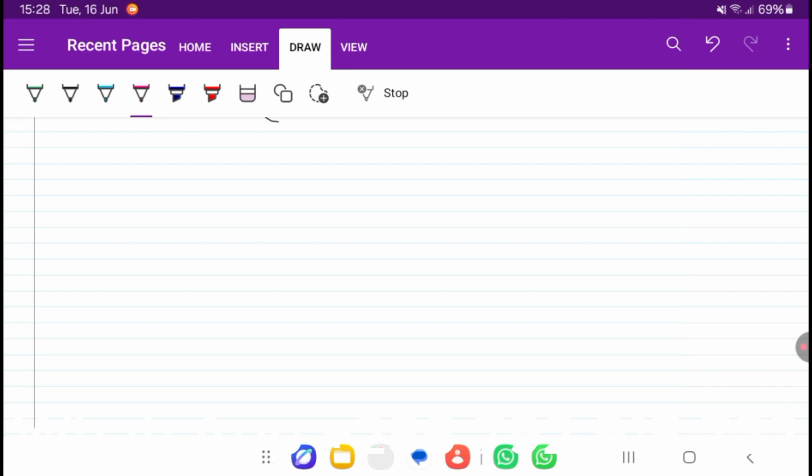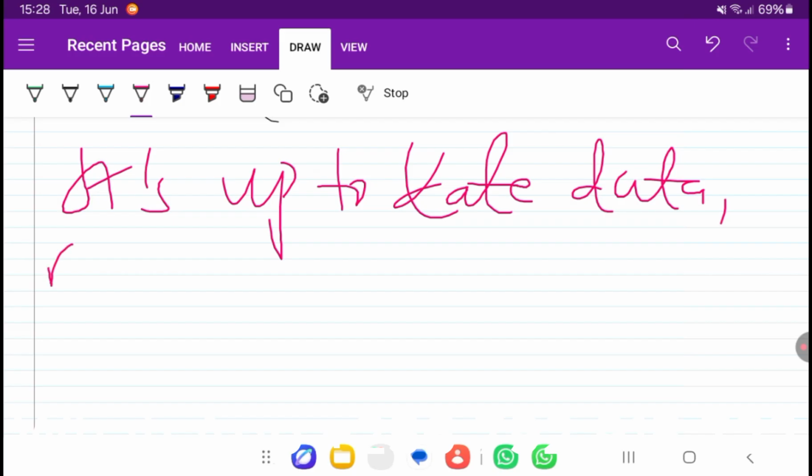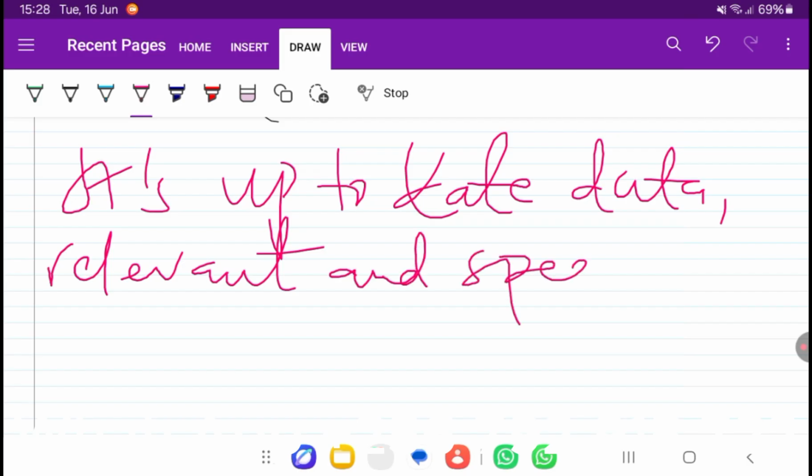The last one that we can talk about is that it is up to date data, meaning it is relevant. It is going to be relevant and specific to the required product.